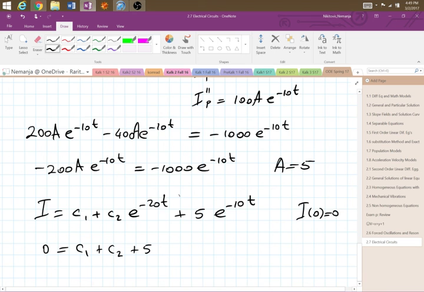Yep, okay, good. So I have the equation C1 plus C2 is equal to 5. Wait, I'm supposed to have one more for C2.